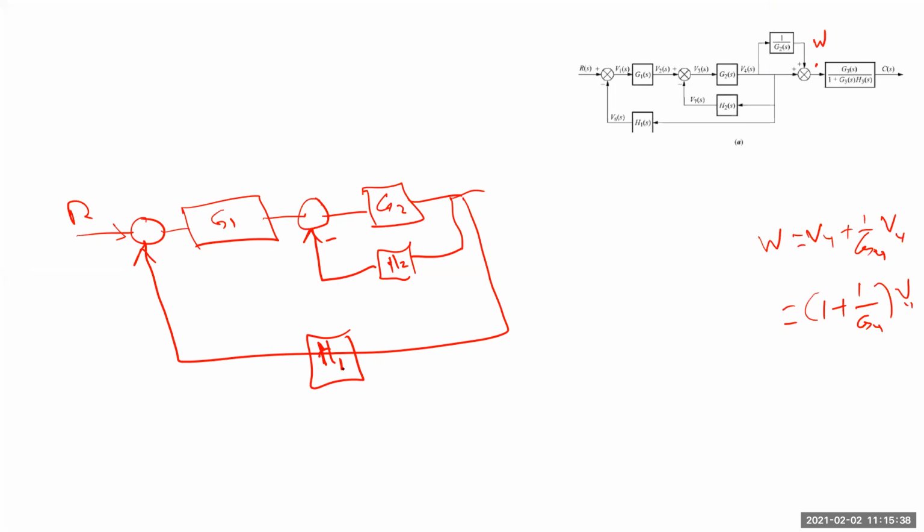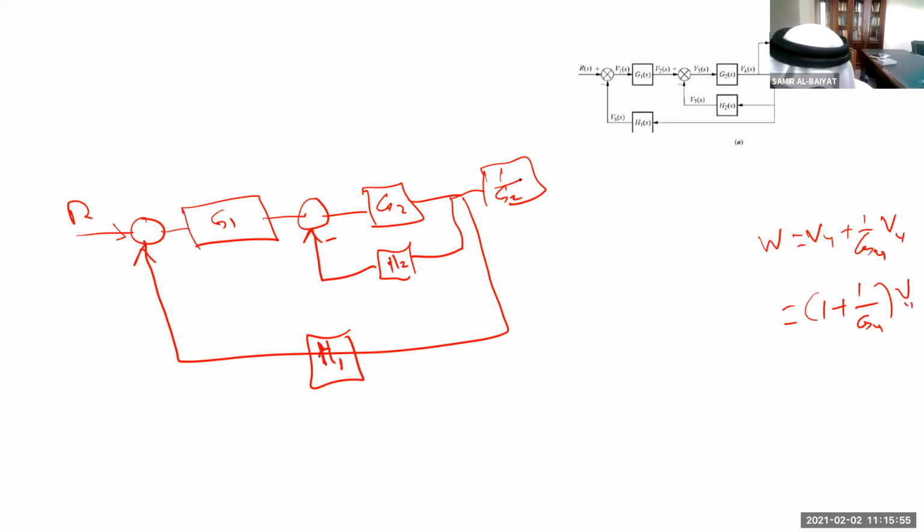Doctor, if we are stuck at a point, we determine 2 points between which we want to reduce the blocks, and we find the transfer function between the 2 points, right? Yeah, exactly. Plus this is 1 over G2.